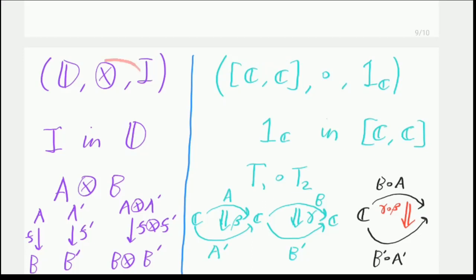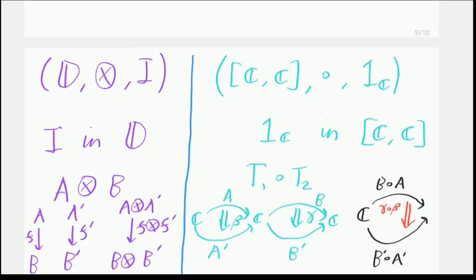So on the left here, I've got the general sorts of structure that we want to know about in a monoidal category. The most important things are the monoidal unit, and that's just going to be an object of D, and the monoidal product, which is this functor. So we need to know how it's defined for objects and how it's defined for arrows.